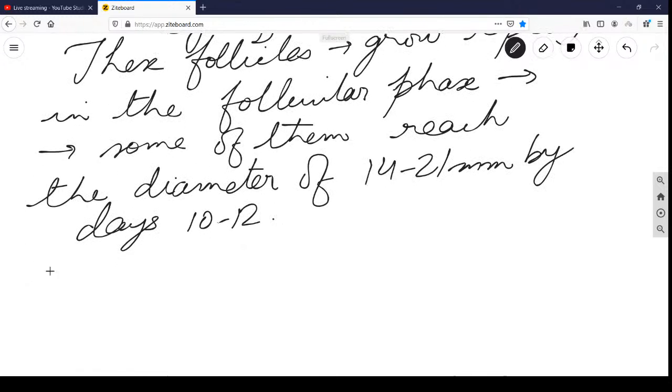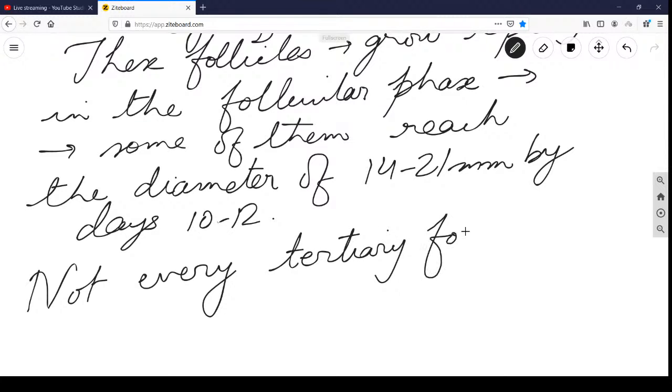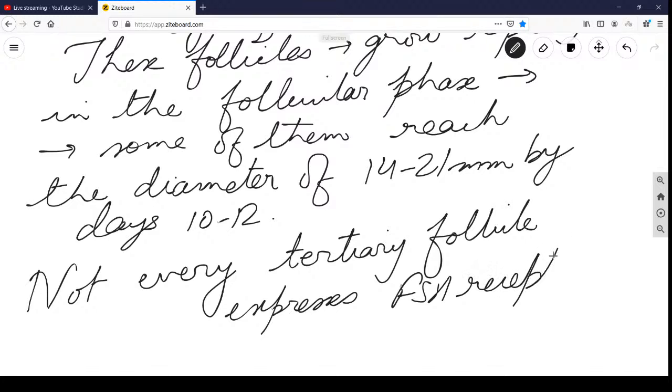Always remember, not every tertiary follicle expresses FSH receptors. Always know this fact.